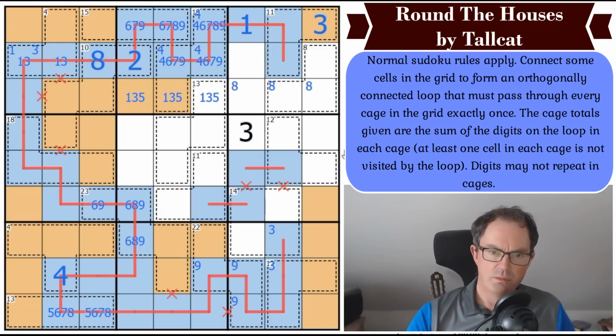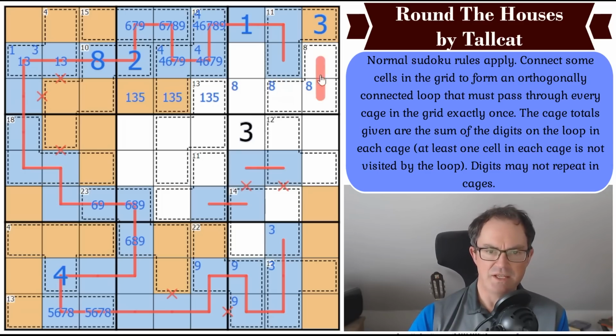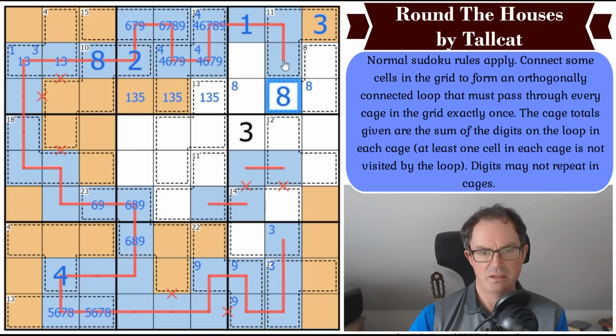Oh. Okay, well, that's mildly interesting as a thought, actually. How is this cage a single 8? Because it's not a single 8 there, is it? Because then you could never get in and out of this square. So if it is a single 8, it's always a single 8 here. So this would be blue.